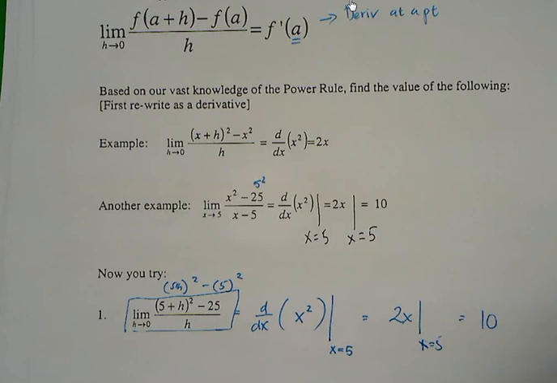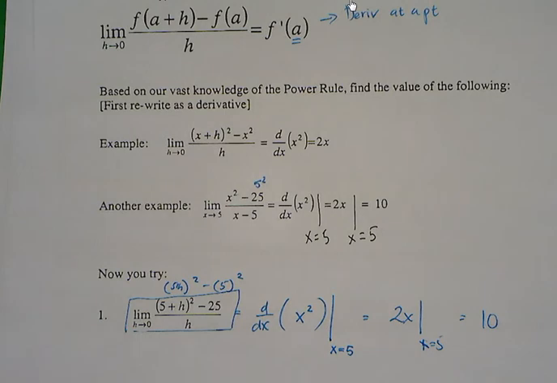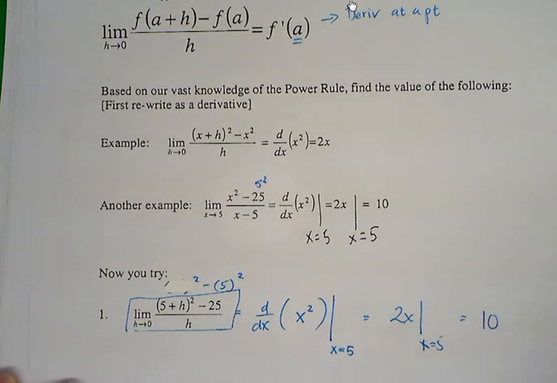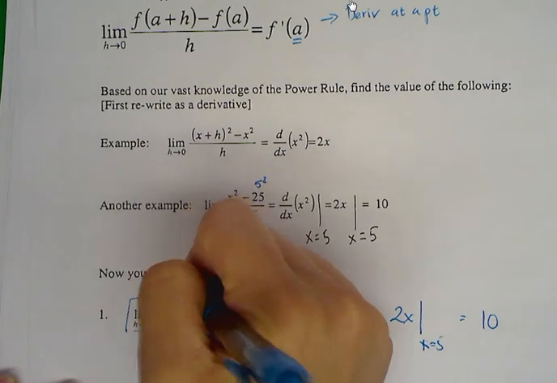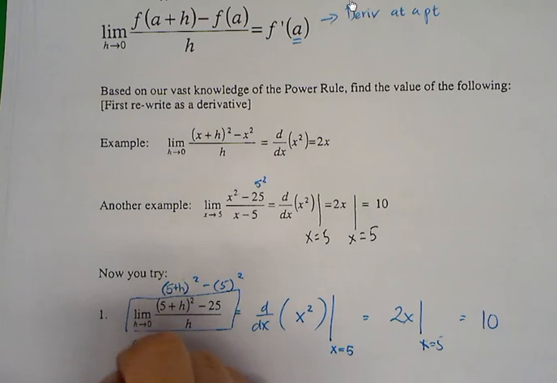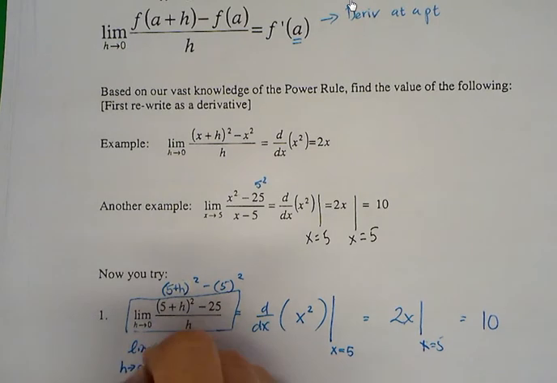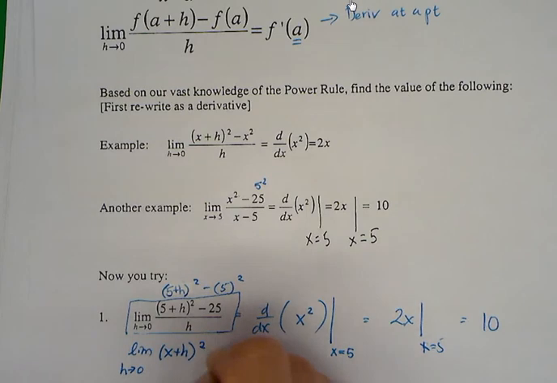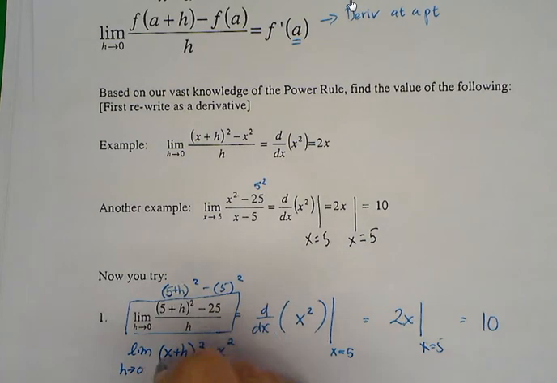Okay. So erase that. What this really was is the limit as h goes to 0 of x plus h squared minus x squared over h.